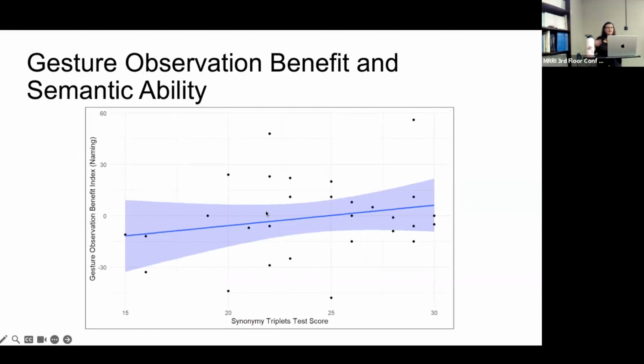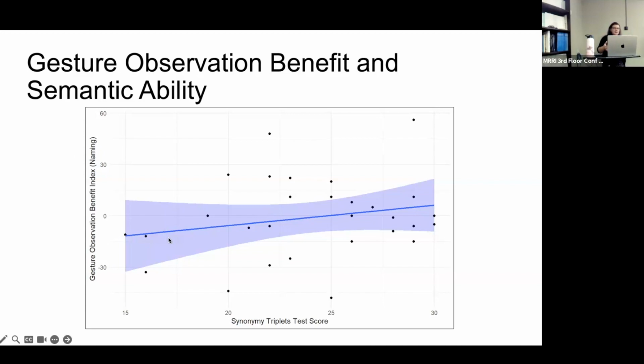So you'll recall that that's the test where they select which two of the three words presented are the most similar. And it assesses their ability to map semantic meaning to word form. And so the better they performed on this test, the more their naming benefited from observing meaningful co-speech gestures.